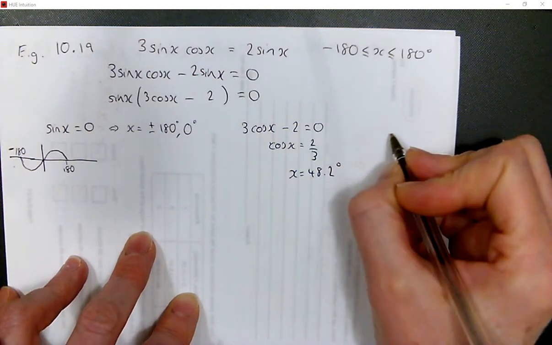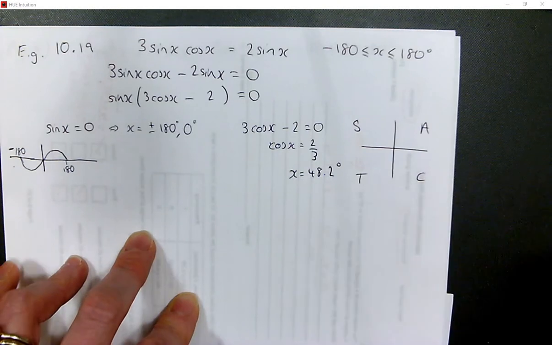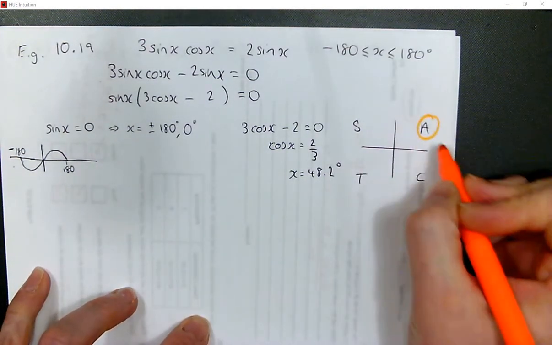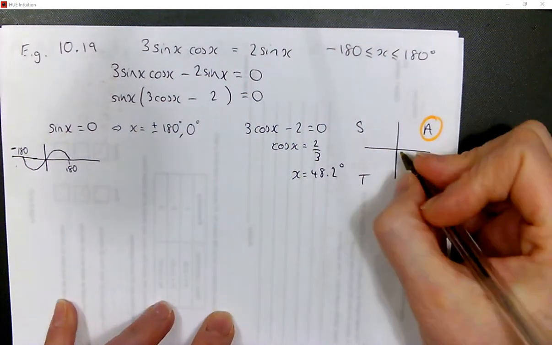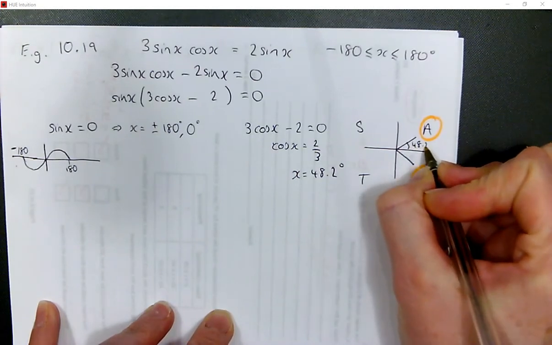All right, for this one we want our CAST diagram or your graph of cos. Cos is only positive this time, so we're only looking in these two quadrants. So we draw our sticks in those two quadrants, and the angle made is 48.2 degrees.